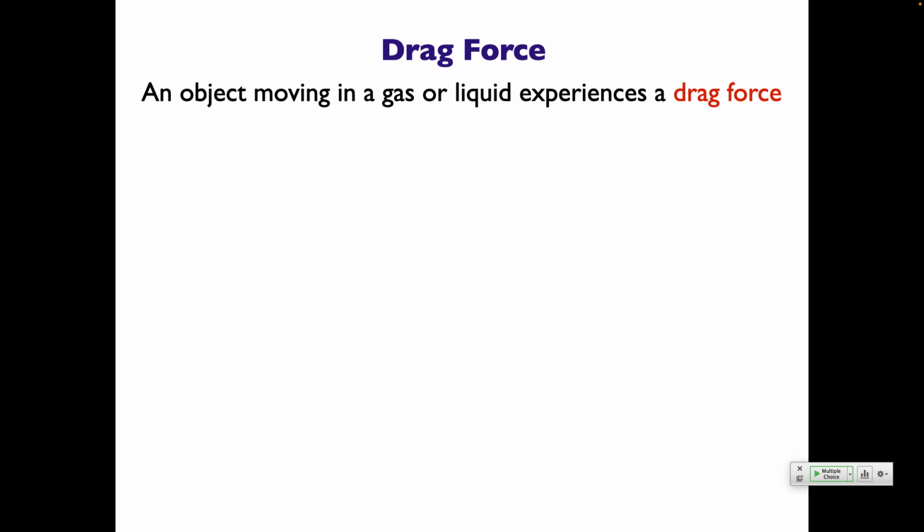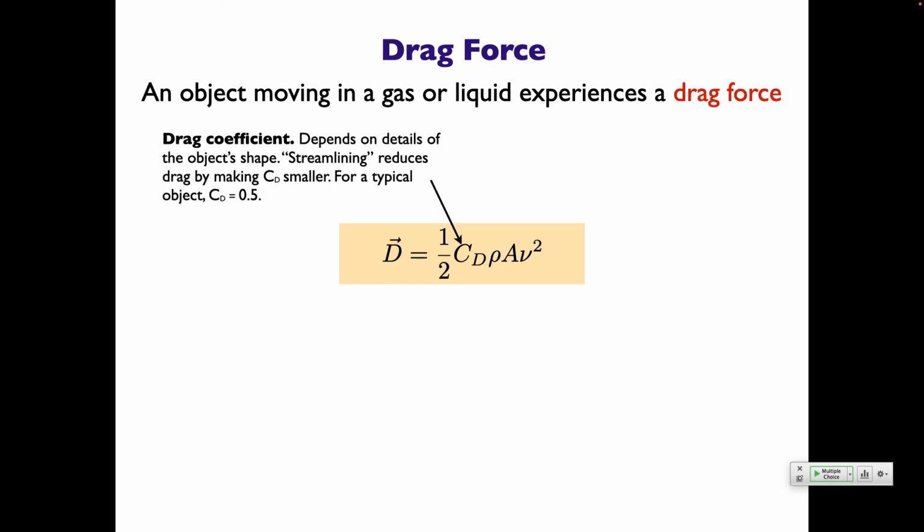Drag force is like friction, and it opposes motion, but it's a much uglier equation, okay? So here's the equation. This is the force of drag. This is 1/2. This is something called the drag coefficient, which depends on the details of the object shape. So the drag coefficient is usually 1/2, so you can almost always just write this as 1/4.